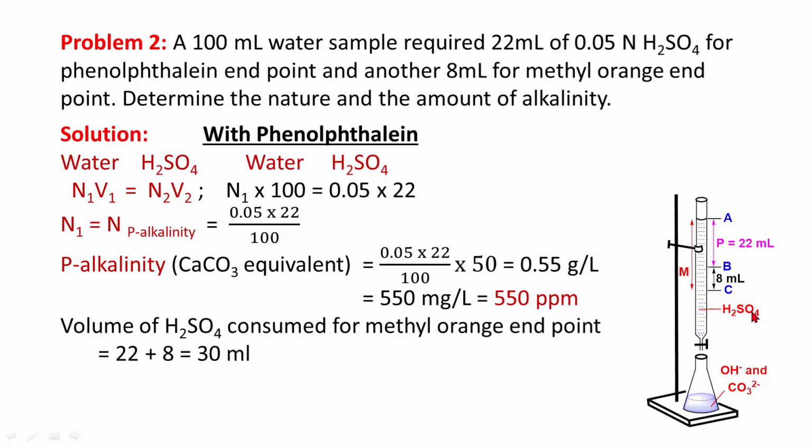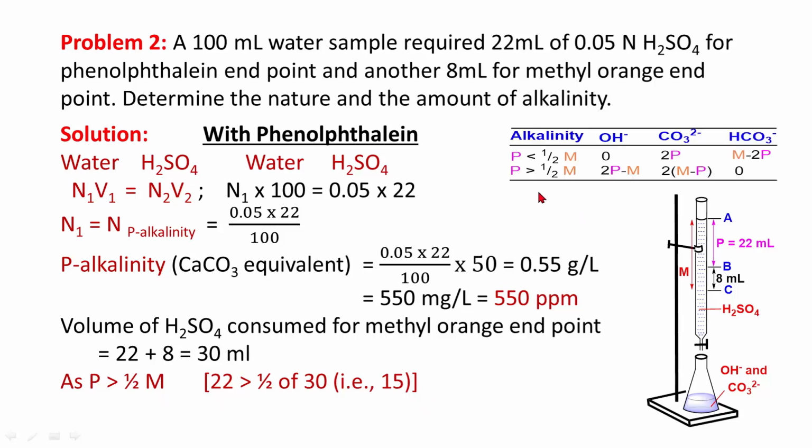Volume of sulfuric acid consumed for methyl orange endpoint is 22 plus 8 ml, which is equal to 30 ml. We see that P is 22 and M is equal to 30. Therefore, P is greater than half M.